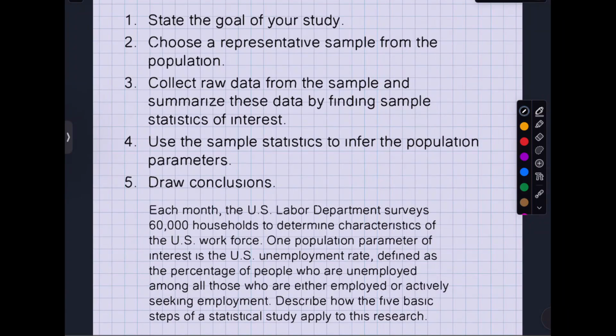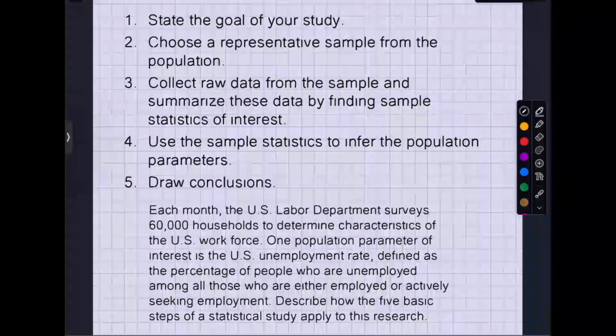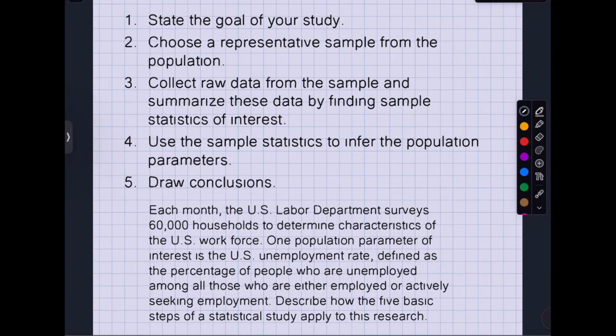Okay. Step 3. Collect raw data from the sample and summarize these data by finding sample statistics of interest.